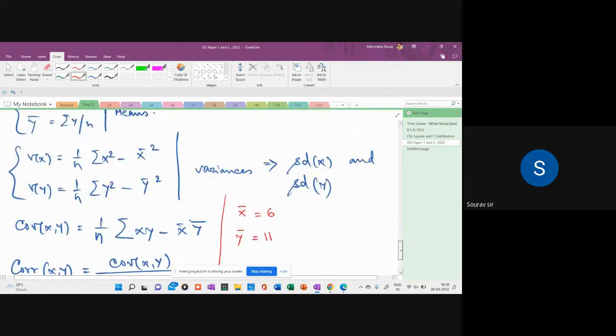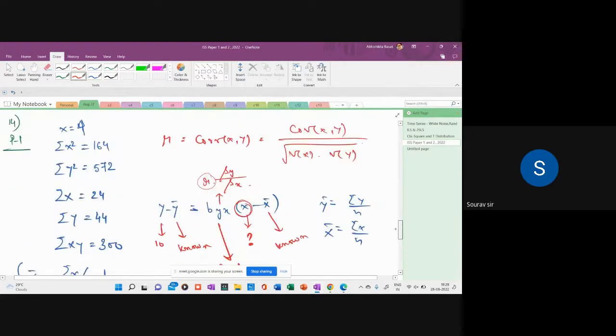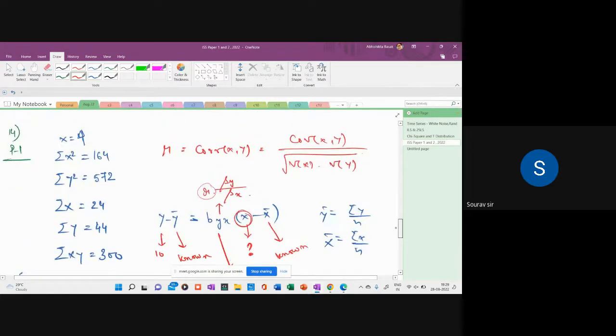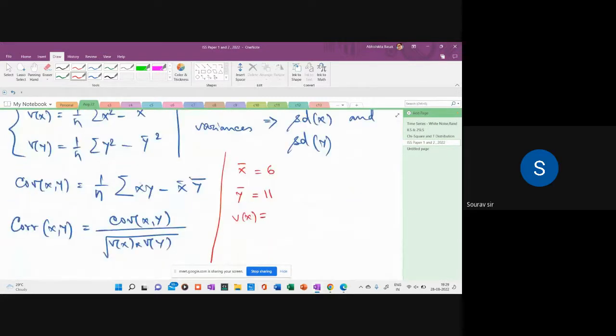Variance of x is summation xi square by n, that is 164 by 4 minus 6 square, 164 by 4 minus 6 into 6, that is going to give me 5. That implies SD of x is root 5.